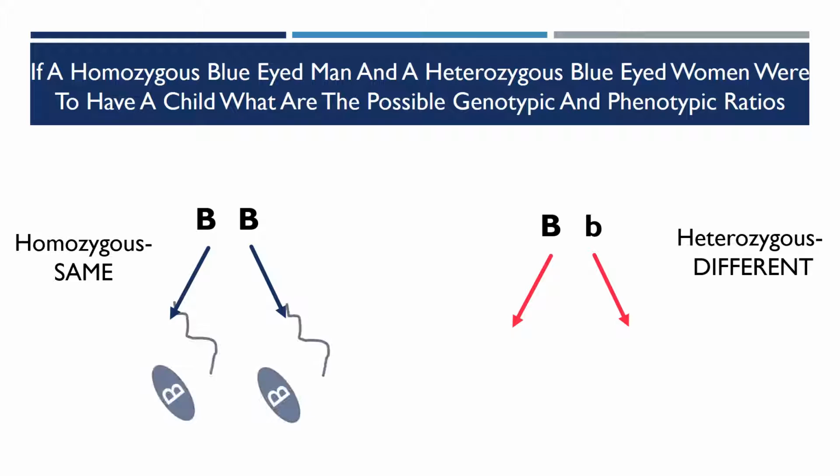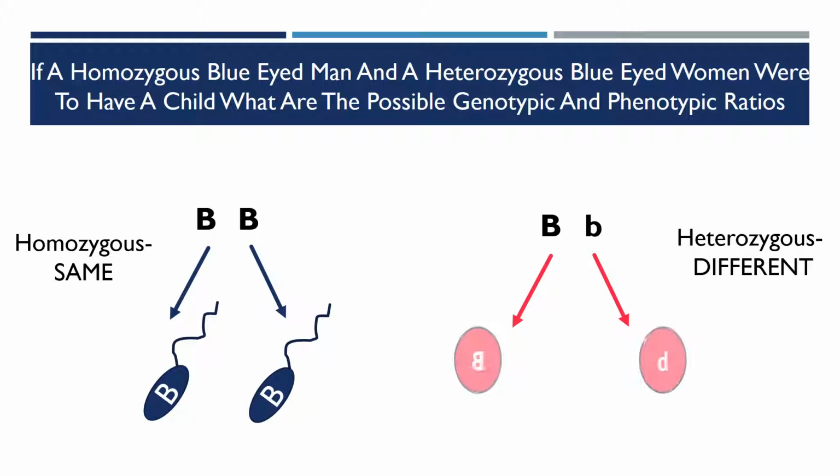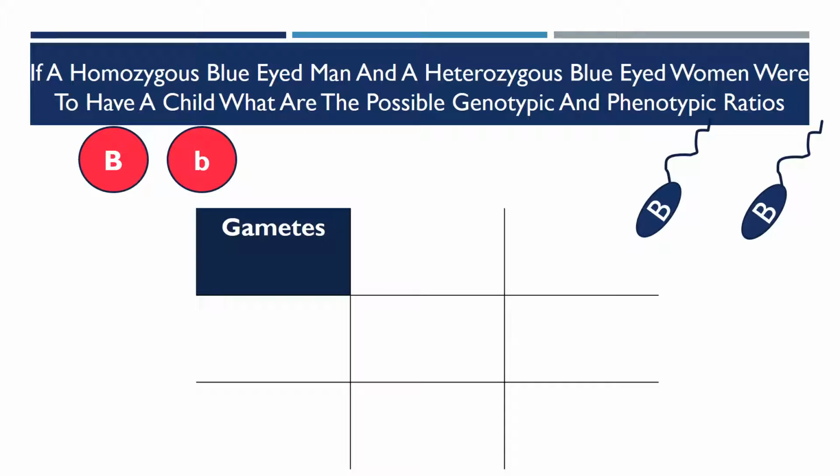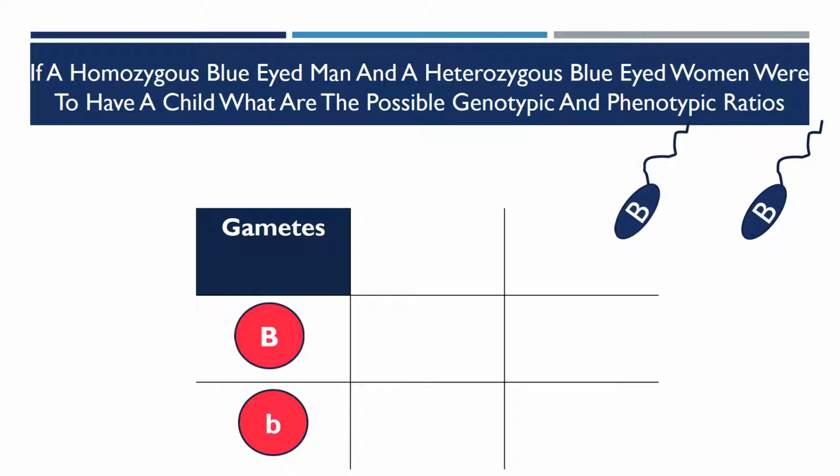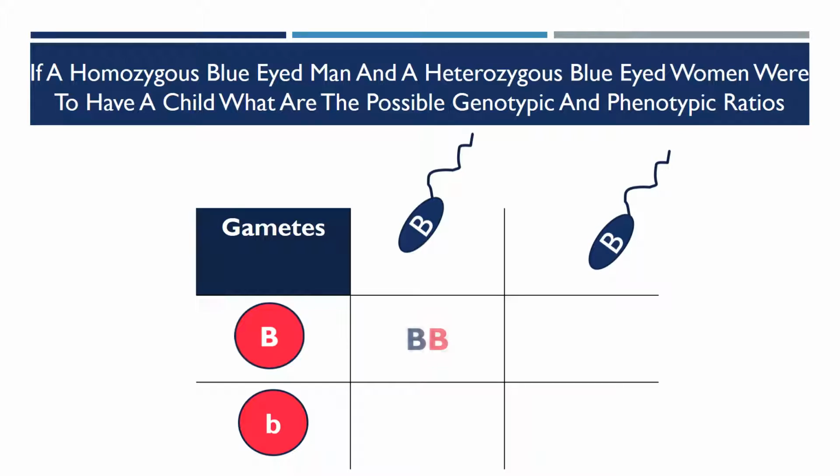So we separate them into gametes, and we put it into the Punnett square. So we'll move them in now. And then we do the same as last time. So move them down and move them across.